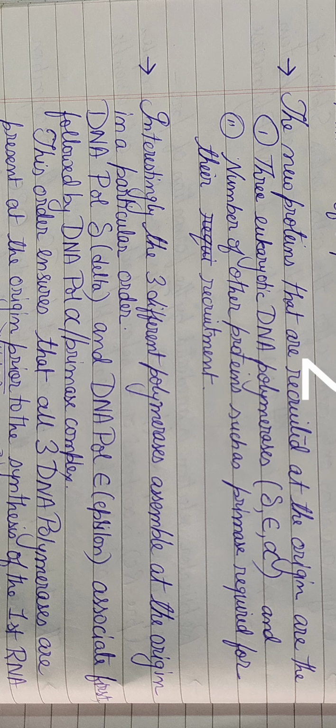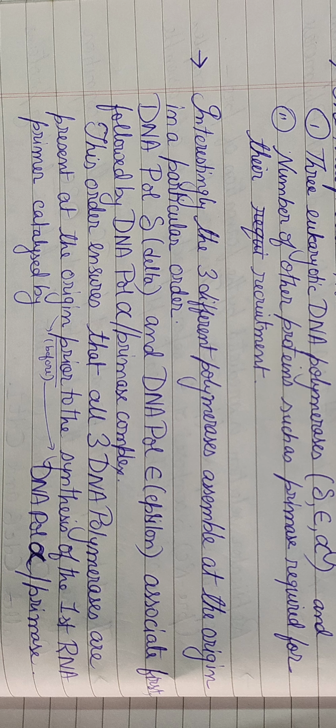The three different polymerases get assembled at the origin in a particular manner. DNA polymerase delta and DNA polymerase epsilon associate first, followed by the DNA polymerase alpha primase complex, because polymerase alpha associates with primase to form that complex.